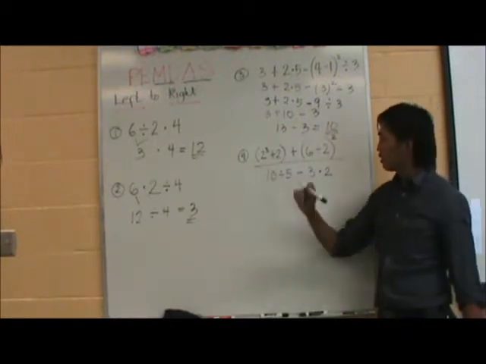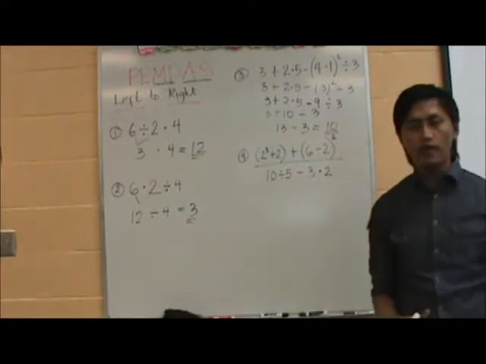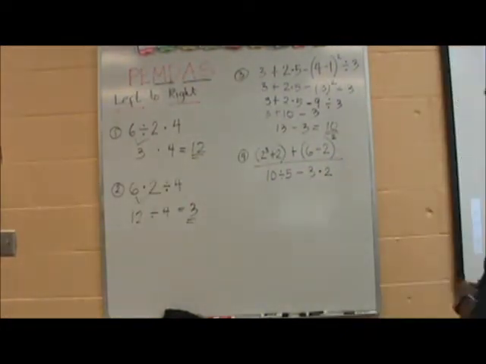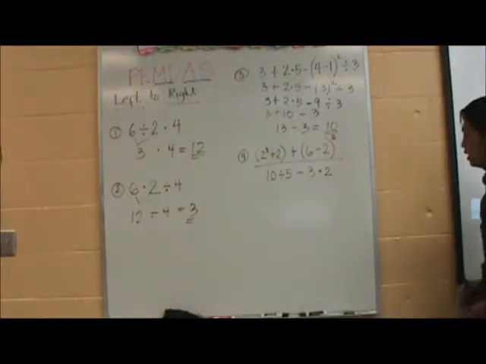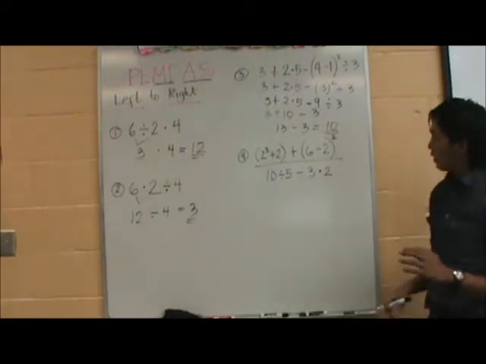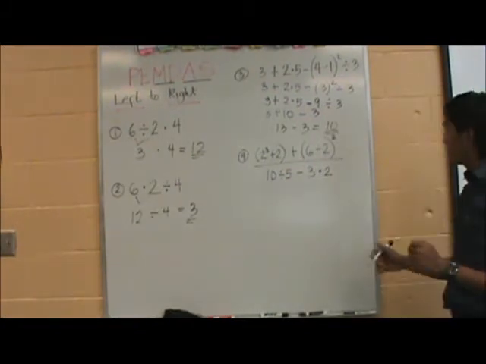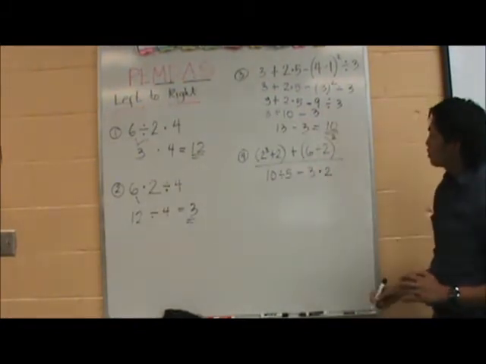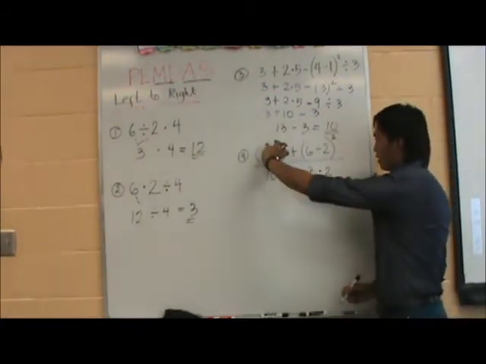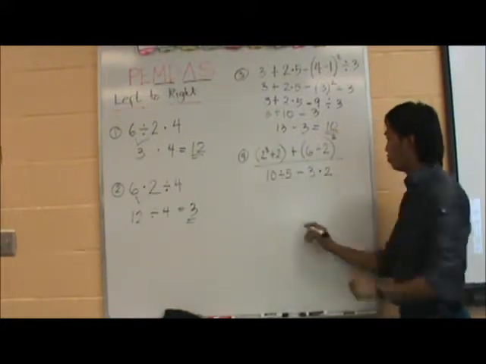This time, let's go ahead and continue with number 4. For number 4, we have this problem, and we have to make sure we start from the numbers inside of the parentheses. So right now, we have 2 squared and 2.